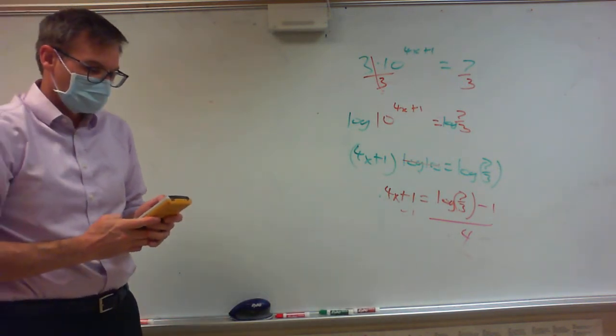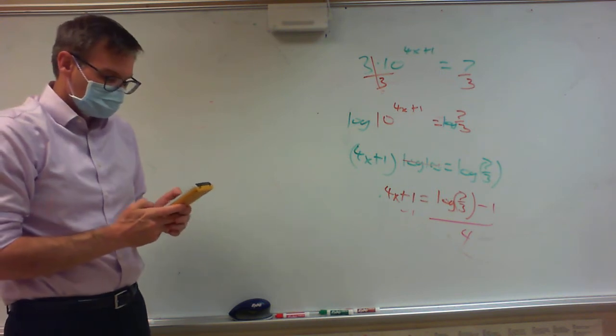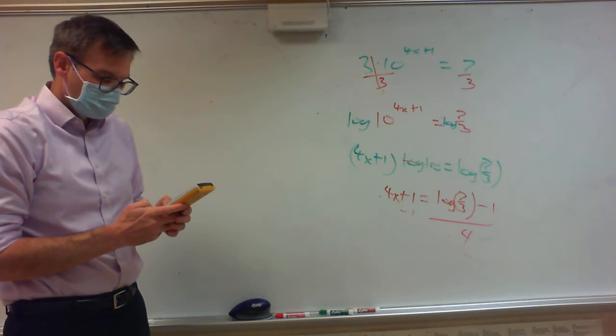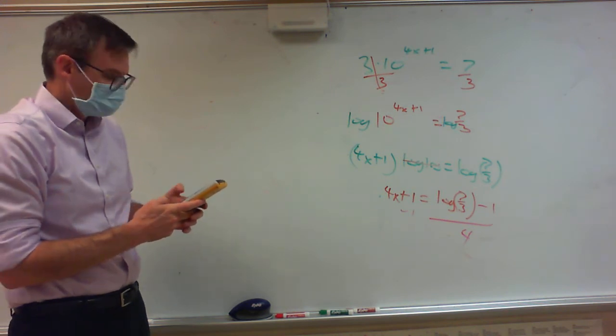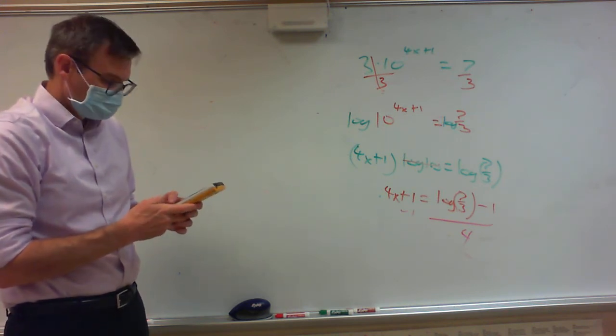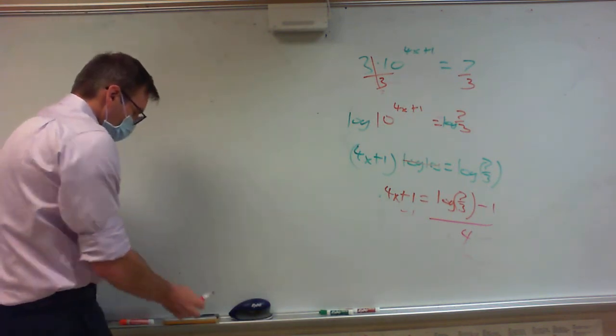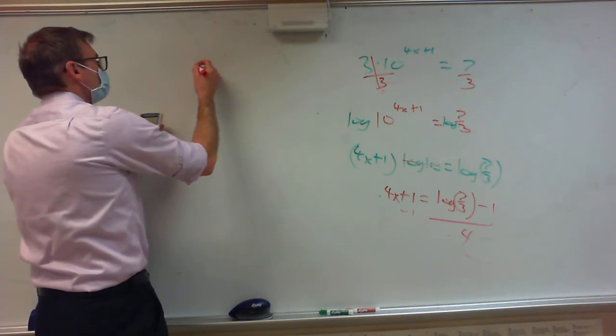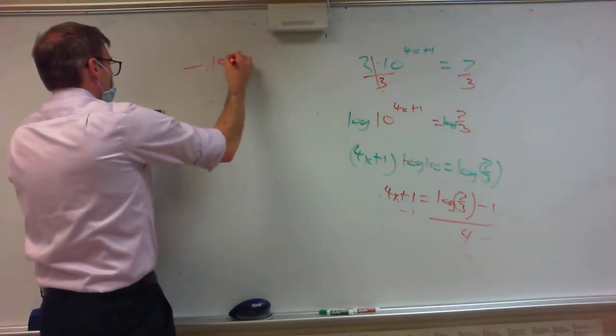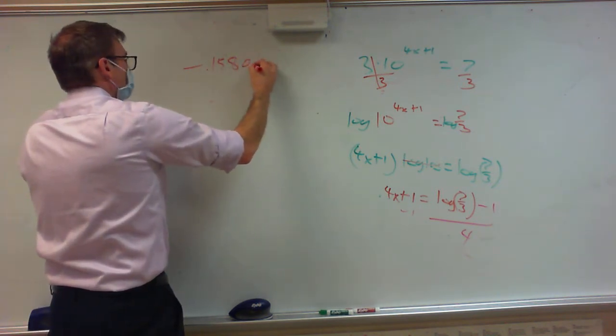And so it's going to give me log of 7 over 3 minus 1, over 4. So you should have gotten negative 0.158005.